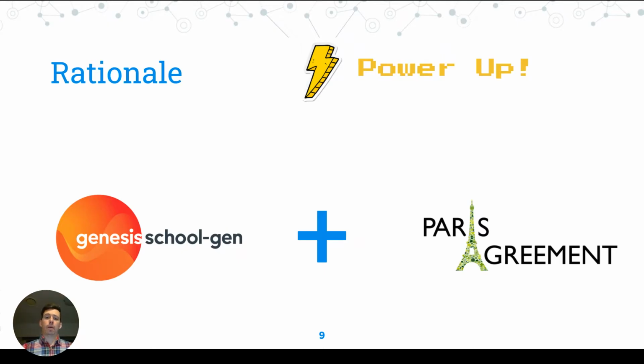For the Power Up, the rationale was based on the awesome work that Genesis Energy are doing with their School Gem project, getting schools with the solar kit, and also our requirements or our obligations under the Paris Agreement and wanting to be more sustainable with our energy production.